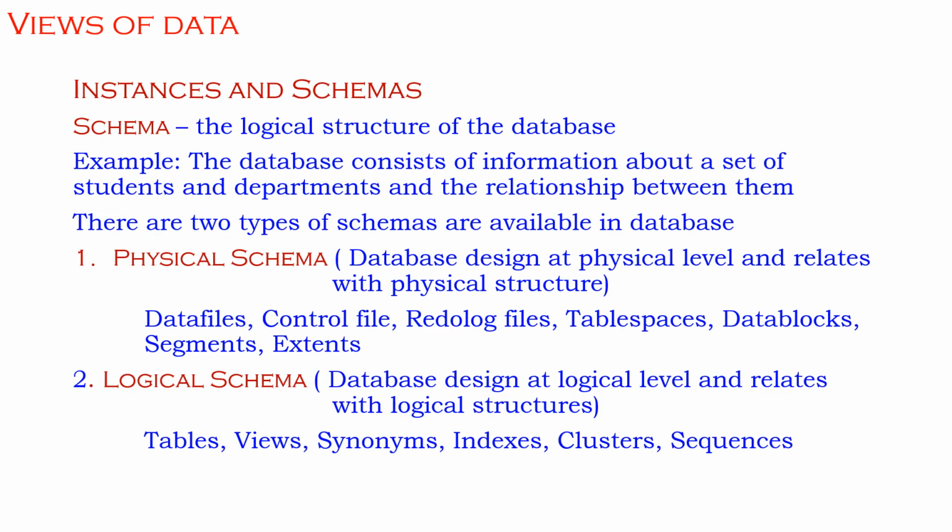We should also know what an instance and schemas are. We have two types of schemas, and related to that, we'll be talking about physical data independence and logical data independence.